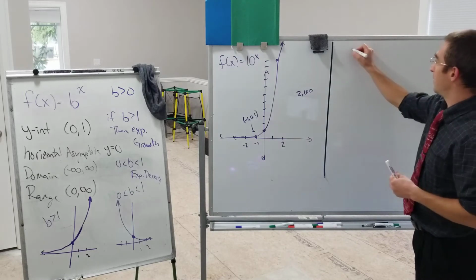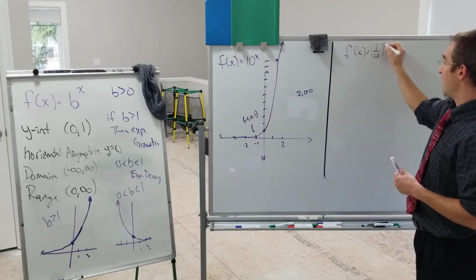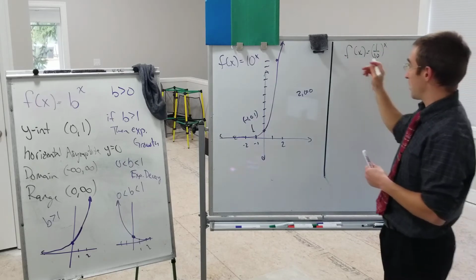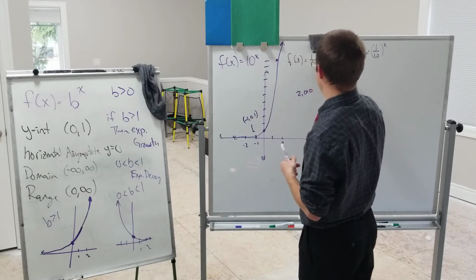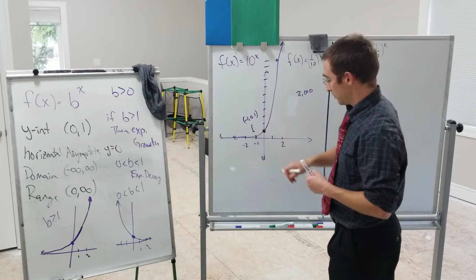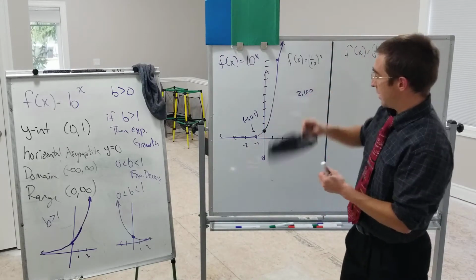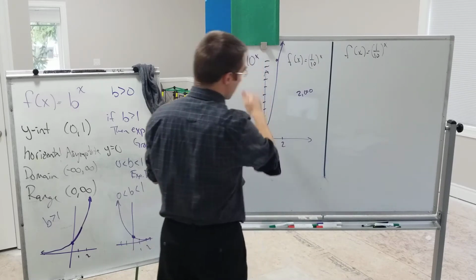If I have f of x equals 1/10 to the x, actually I'm going to do that over here. F of x equals 1/10 to the x. I'm still going to have the same y-intercept, still going to have the same asymptote, but it's going to be on the other side.